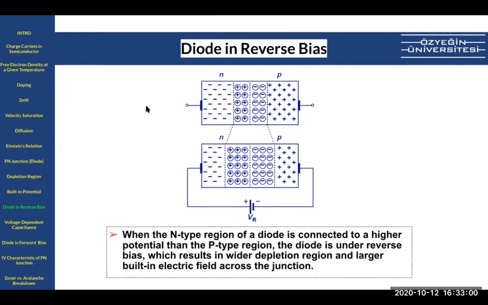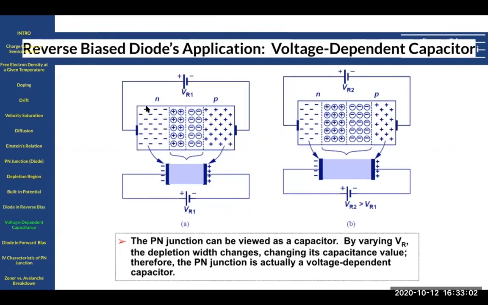And how can this diode in reverse bias be used? So we can use this junction actually as an integrated capacitance. Instead of using a capacitance in microelectronics, we use these PN junctions. And actually, it was in one of my research papers. So when you design some system that is very sensitive to capacitance, you benefit from PN junctions.